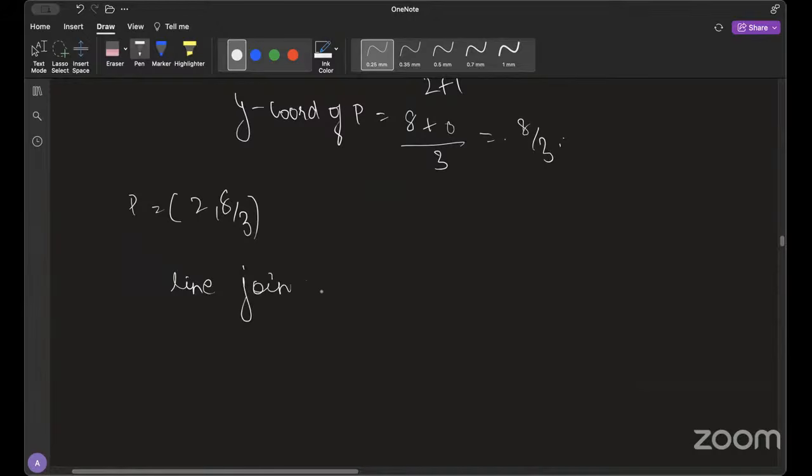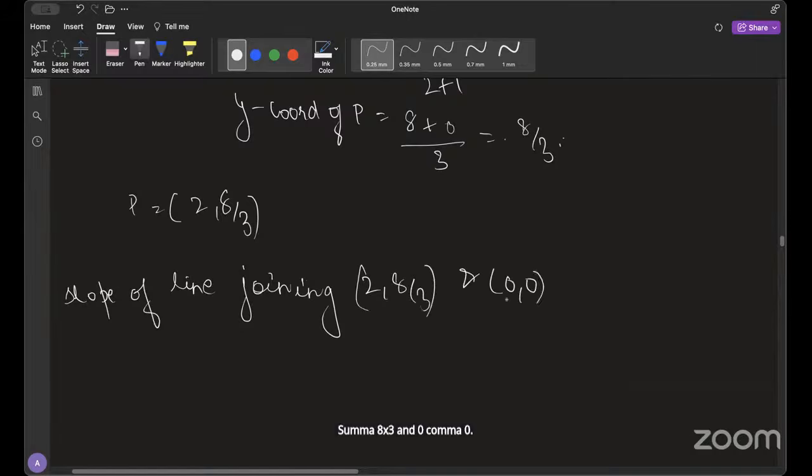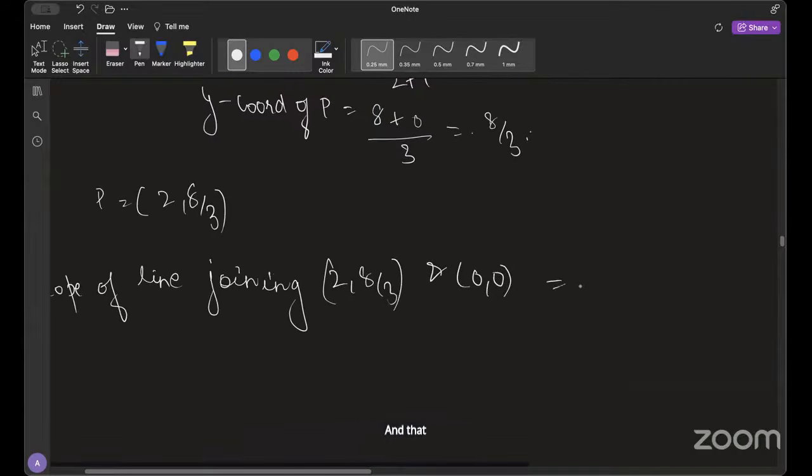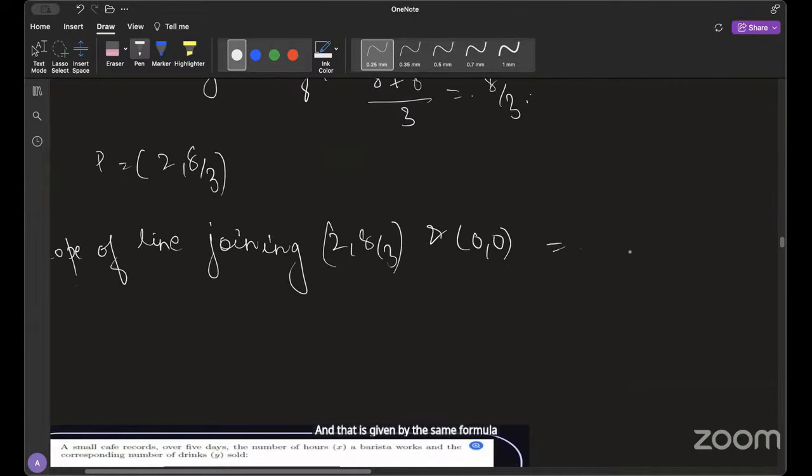the slope of the line, right? Yes, ma'am. You have to find the slope of the line joining 2, 8 by 3 and 0, 0. And that is given by the same formula, y1 minus y2 by x1 minus x2.